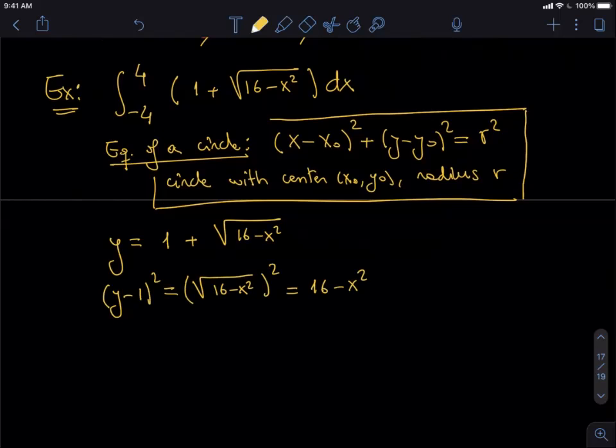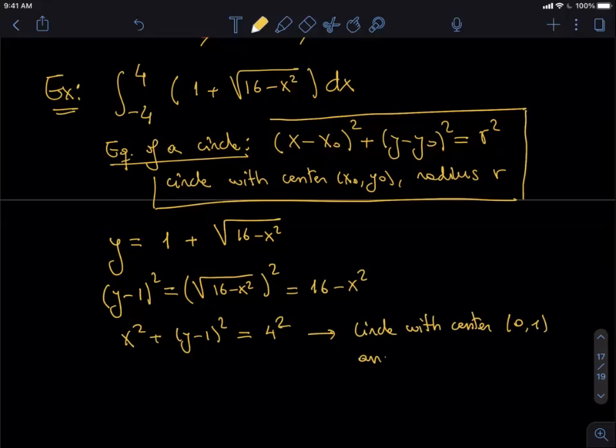And look at what we have. We have x squared plus (y minus 1) squared equal 4 squared. So if we compare with the template for the equation of a circle, this is a circle with center (0, 1) and radius 4.